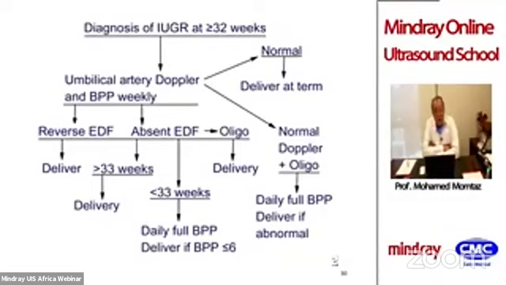If you have a reversed end diastolic flow at any time after 32 weeks, then you deliver. If you have an absent end diastolic flow at 34 weeks, then you deliver.